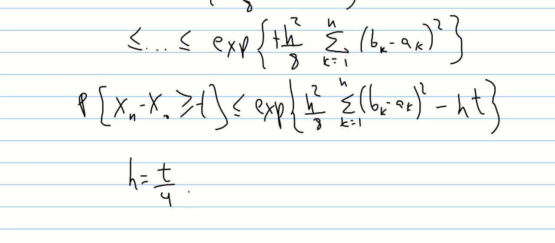the sum of (bk minus ak) squared. So this is our choice of h. So here when we take h squared, so this is just a choice.